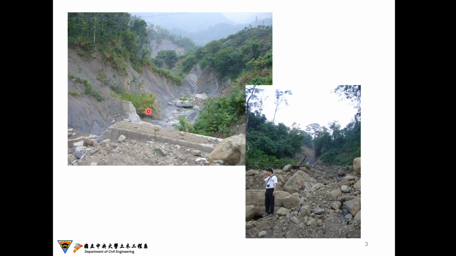It is located in Tainan. You can find there was a lot of debris flow. Now this is the scale of the rocks. So you can find very huge rocks during Typhoon Morakot.